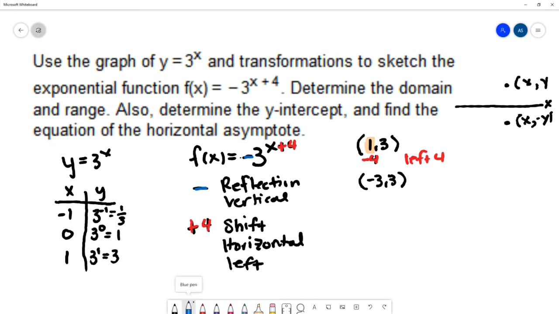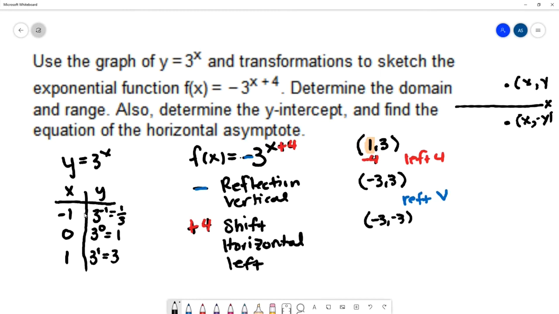So to reflect vertically, that's going to change the point to be negative 3, negative 3. So the x-coordinate stays the same, but the y-coordinate becomes the opposite.